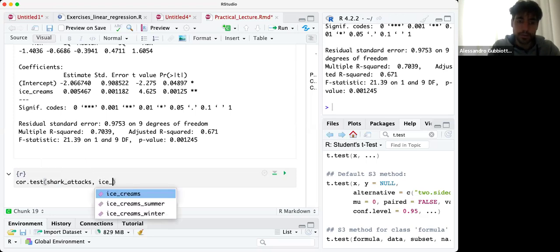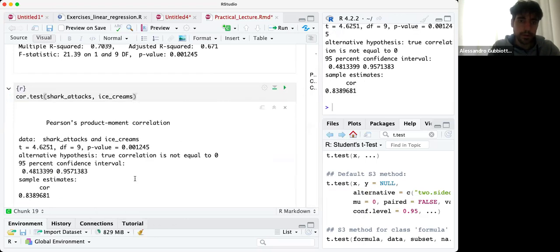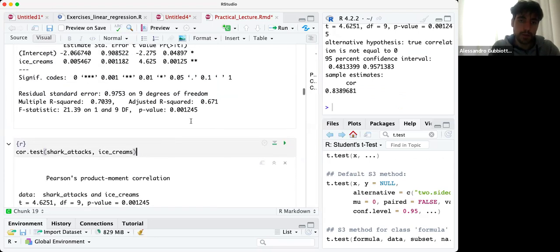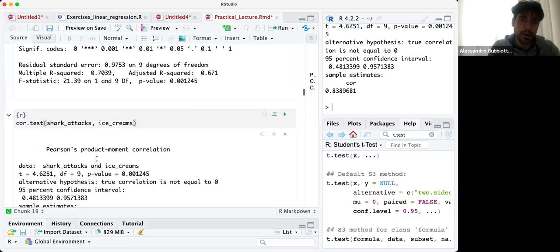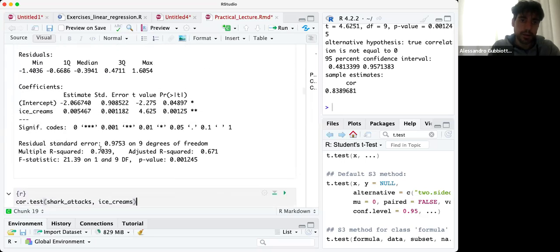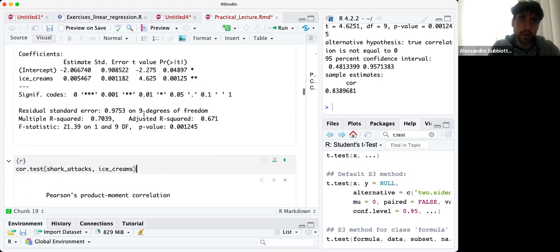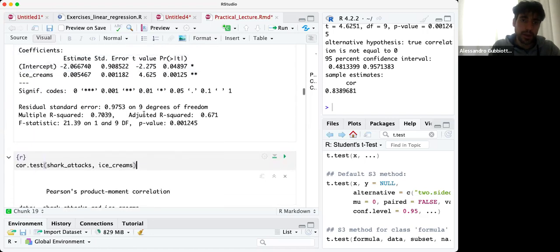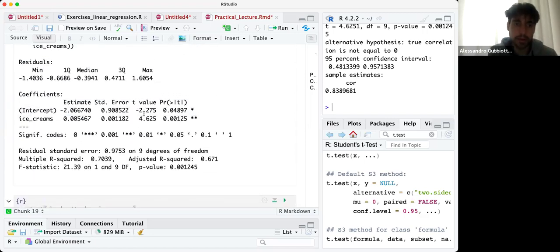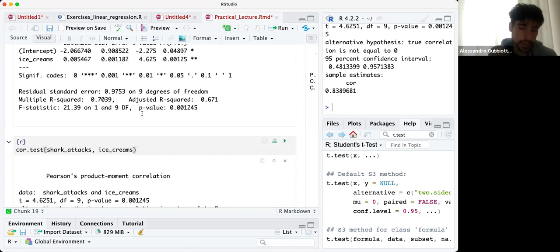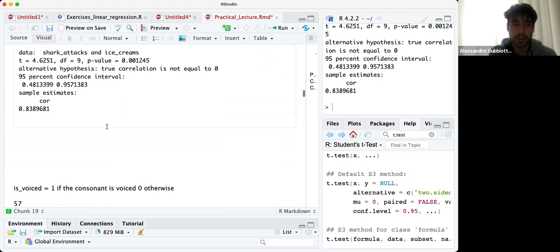So let's see if it is true. The p-value is 0.0012. Yes, it is the same. And the t-statistic is 4.62. So we are doing exactly the same mathematics behind, but this tells us that this test doesn't look for causal relation, but only for correlations.